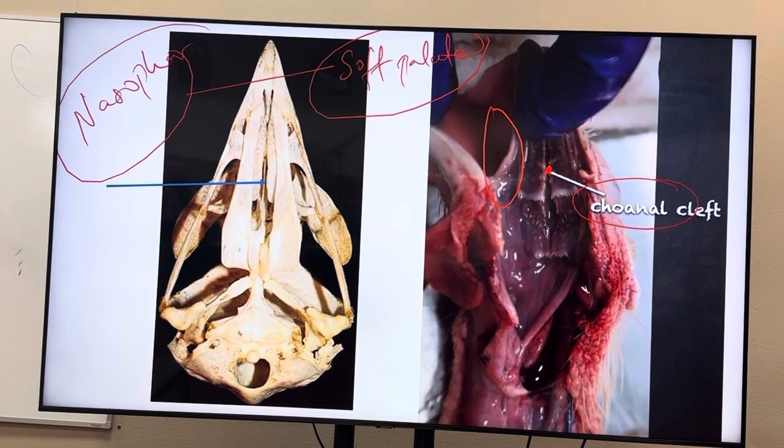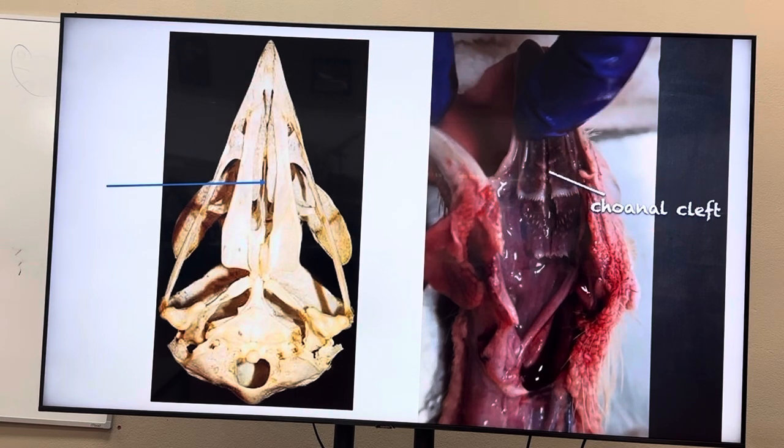So these choanae, or choana, empty into the oral cavity. At this point, we'll say that the food and air share a common passage. That is the oral cavity, and here the oral cavity.